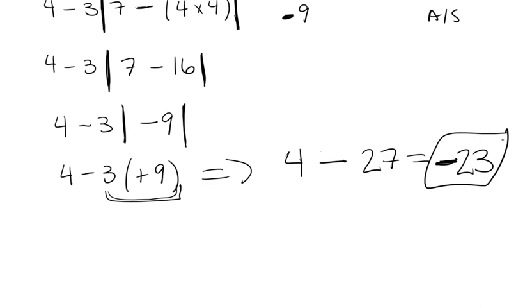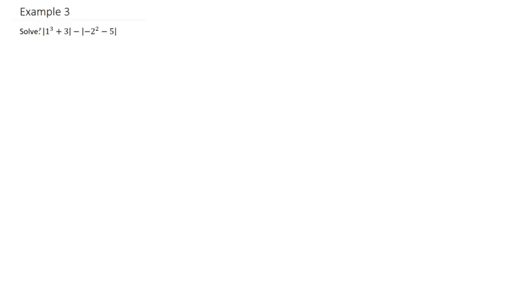So let's do one last example. Example 3, solve for the following. We have 2 absolute value signs in this one. Let's rewrite it. So 1 raised to the 3rd power plus 3 minus negative 2 raised to the 2nd power minus 5. Close our absolute value sign.